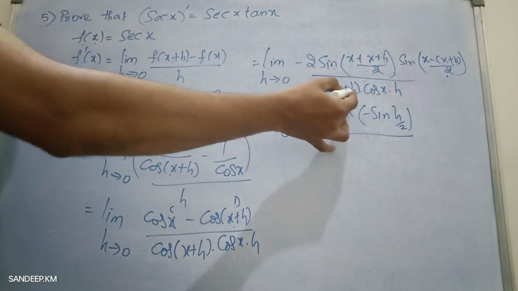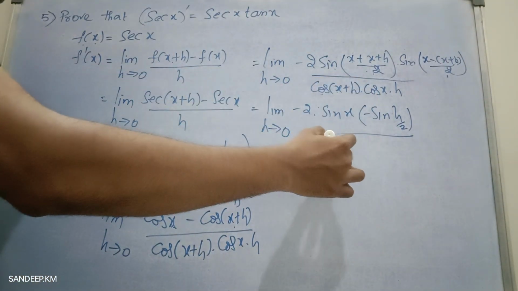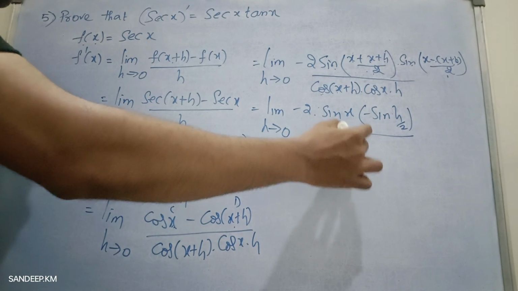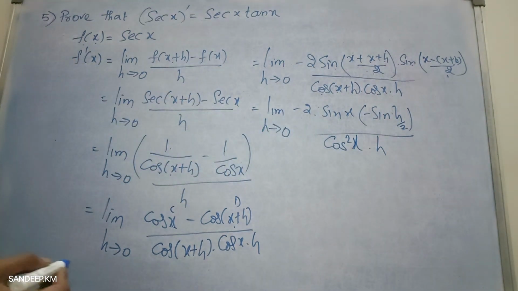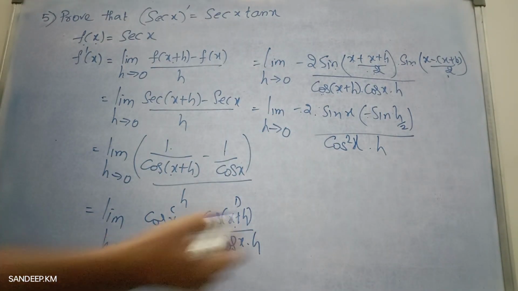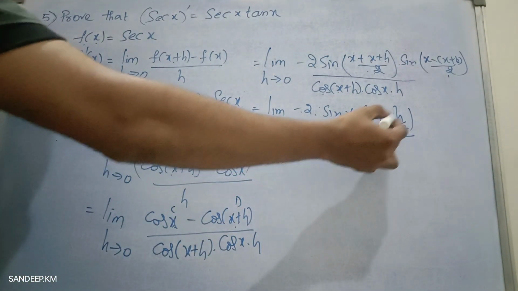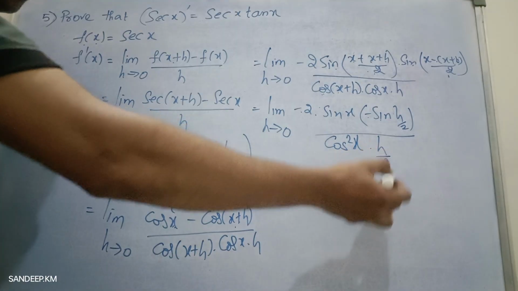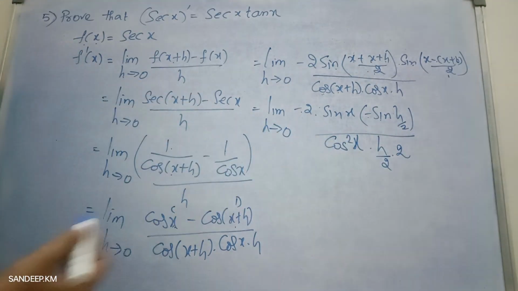If we substitute h as 0, I'll get cos x into cos x, which is cos square x, into h. See dear students, minus into minus will become plus, and at the same time, sin h by 2 is there, here also I want h by 2, so I divided with 2 and I multiplied with 2.